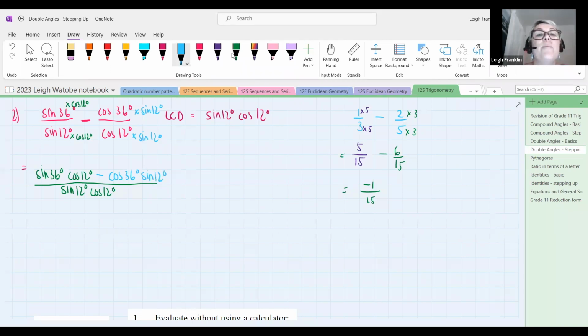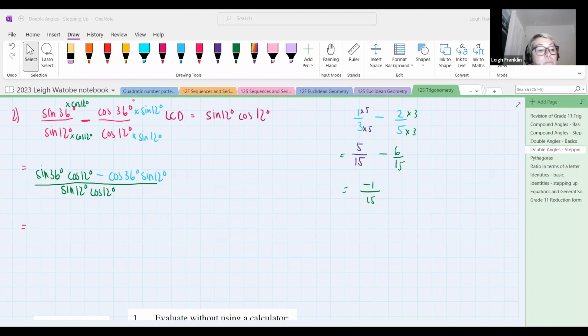Now, at the top in the numerator, what do we have in the numerator of this fraction? A compound angle, absolutely. So now we can see our compound angles are starting to show up again. All right, so Zandile, what am I going to do with this compound angle? How am I going to write what I have in my numerator?